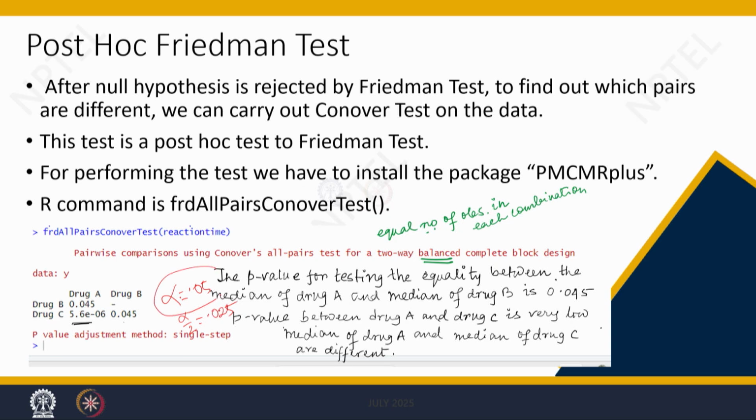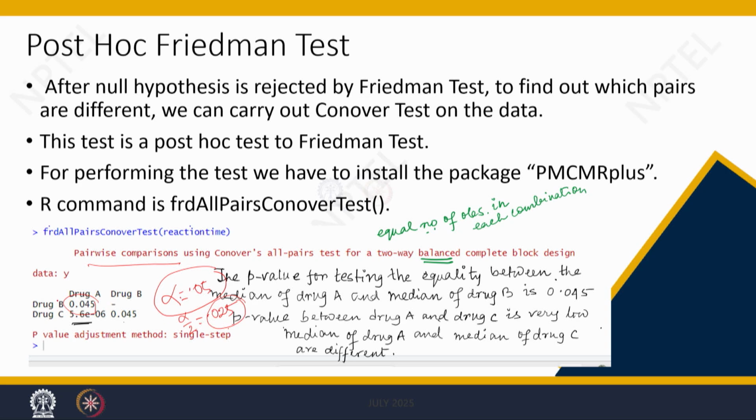They stick to the original level of significance, but while doing the pairwise comparison, you have to divide the alpha by 2. So with respect to this 0.025, just test the validity of this P value. 0.045 is bigger than 0.025.